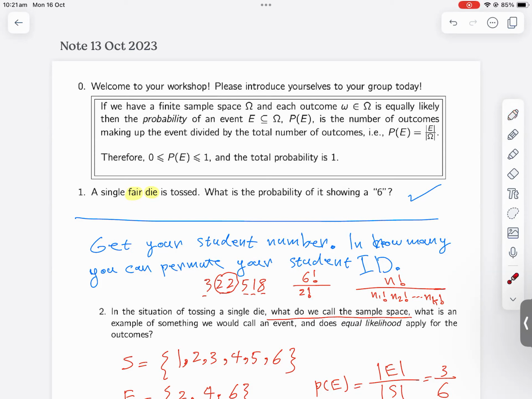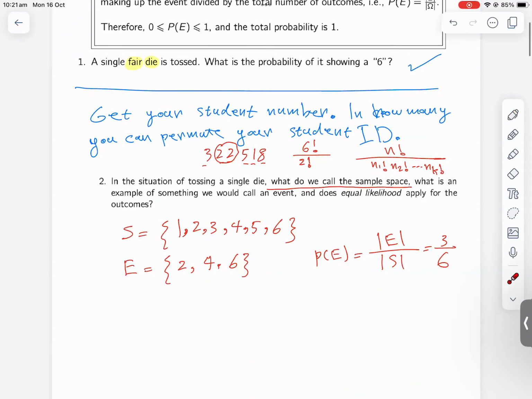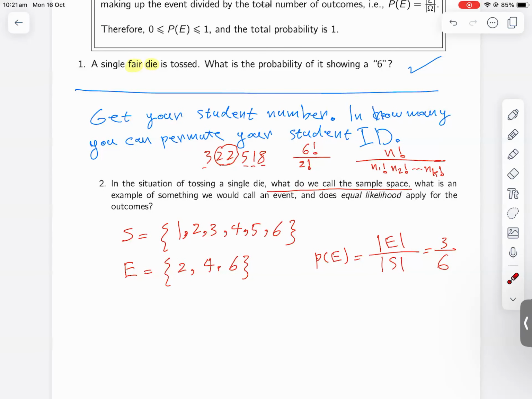All right, question 2, back to the probability topic. In the situation of tossing a single die, what do we call the sample space? We know that the sample space will be omega or S = {1, 2, 3, ..., 6}, and the desired event, getting even numbers, will be {2, 4, 6}.